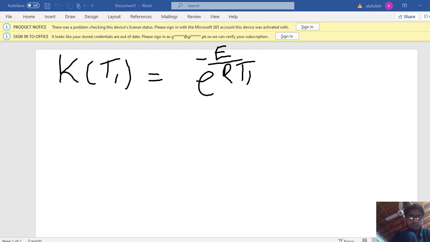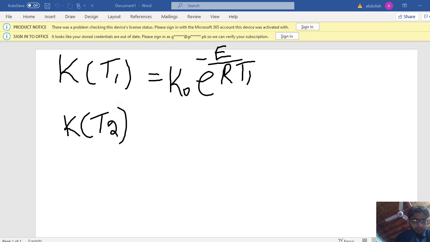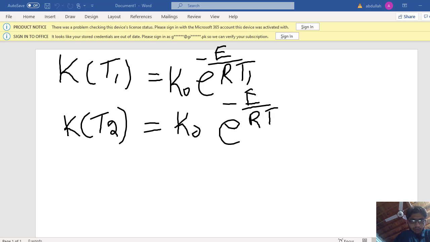This is the exponential form. Now at another temperature T2, the rate constant is k at T2, which is k naught e to the power minus E by R T2.